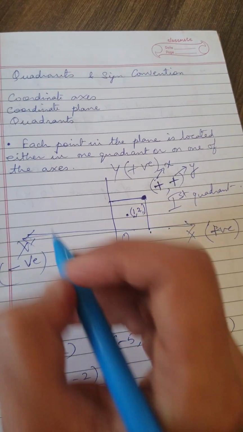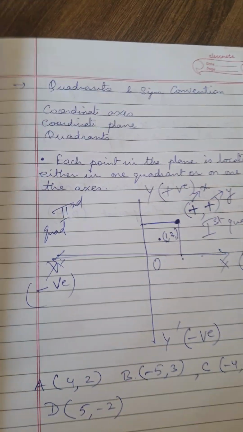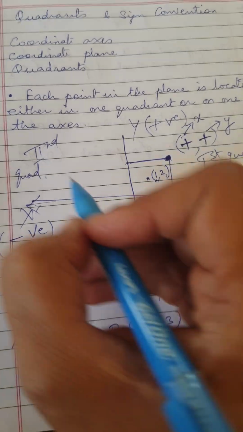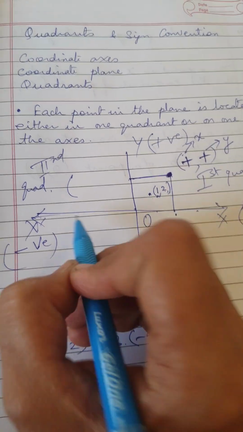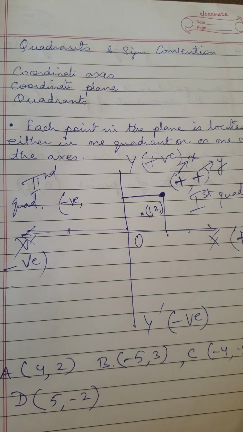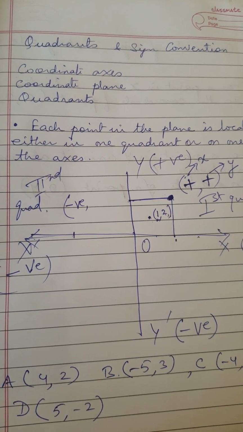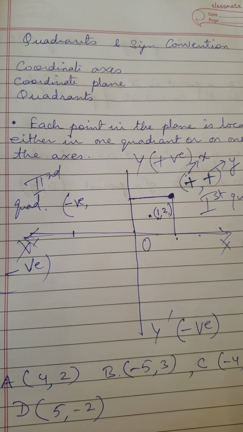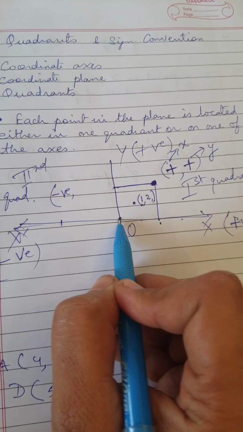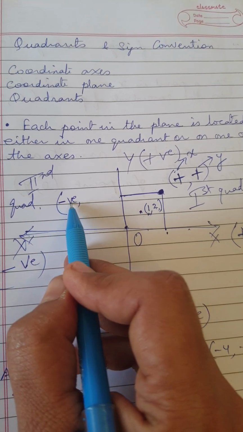Now coming to the second quadrant. This is our second quadrant. So in this quadrant, the abscissa or the x-axis point will always be negative. First we write the abscissa and then we write the ordinate. So abscissa is the point over x-axis. So when we move from our origin towards the negative side of x-axis, the value of x will always be negative.